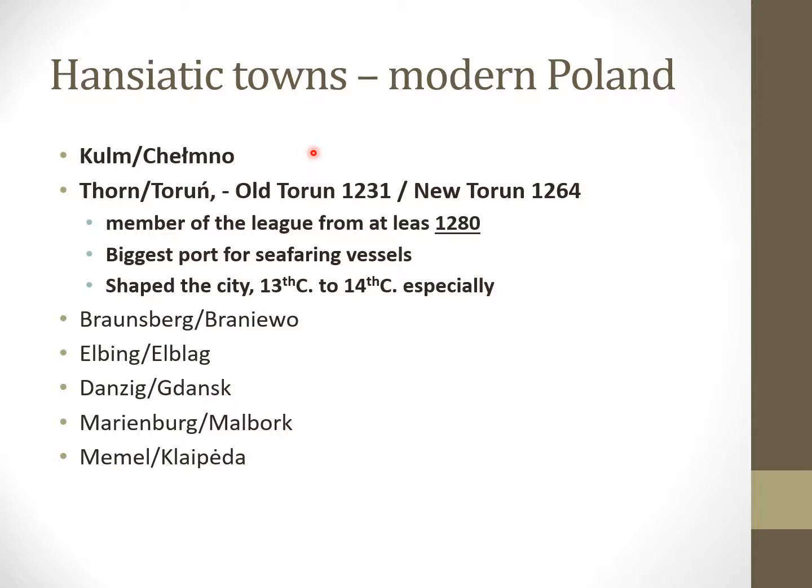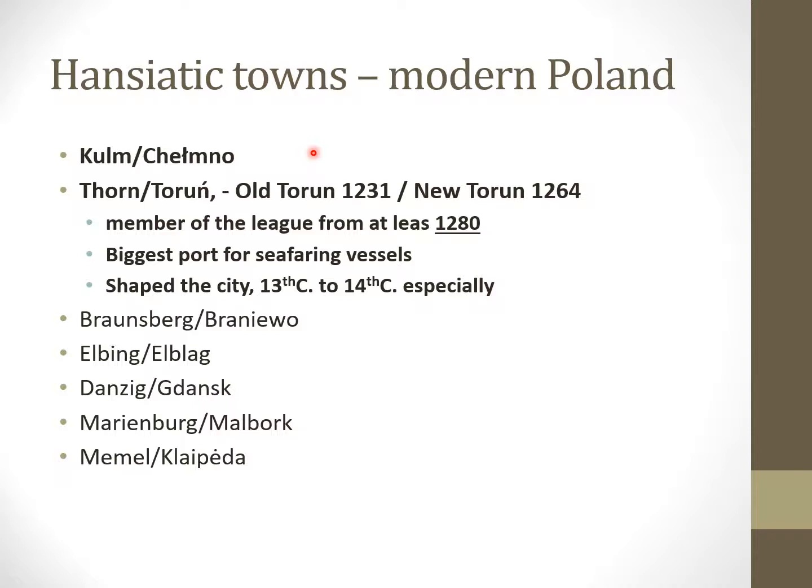Grain comes from the heart of Poland up the Vistula, from as far south as Krakow, up to Torun, where it could be offloaded from small vessels onto larger seagoing vessels, which could then carry it out via the Baltic.